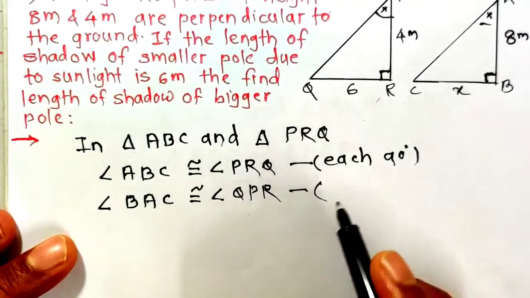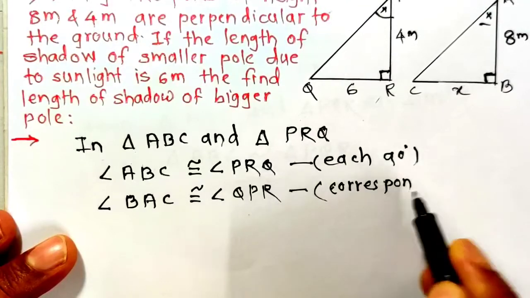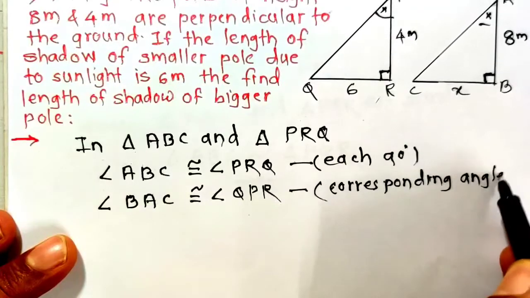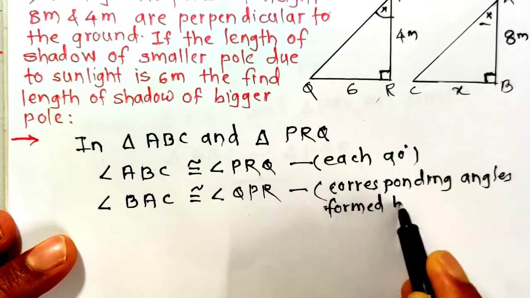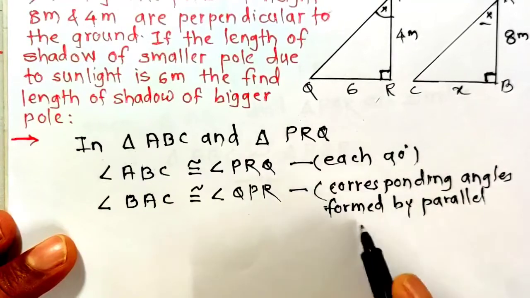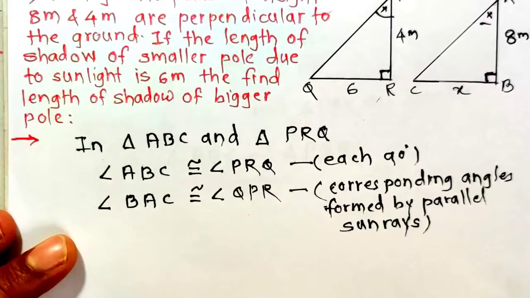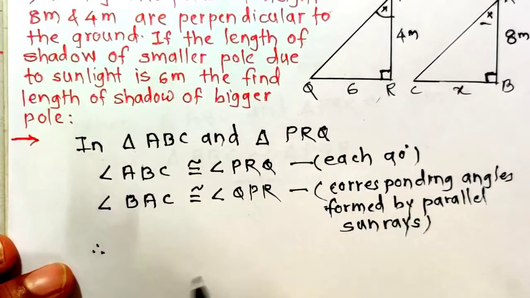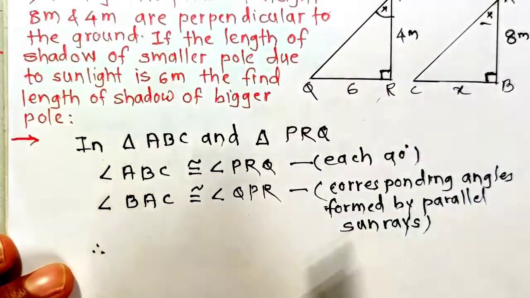So here the reason is corresponding angles formed by parallel sun rays. So sun rays are parallel to each other, therefore these two angles are corresponding angles, and therefore in triangles ABC and PRQ, two pairs of corresponding angles become congruent.